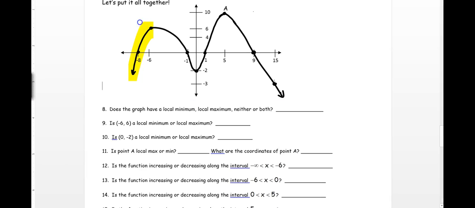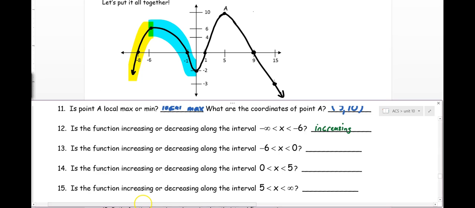My next interval is -6 to 0. If I follow my graph, this time I went down along the graph, which means that I am decreasing.